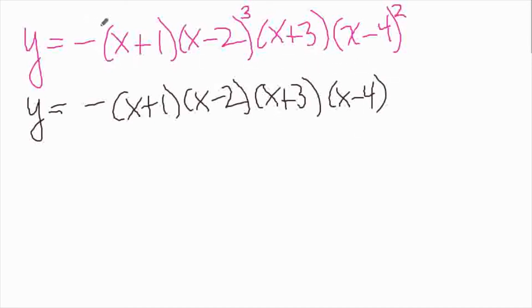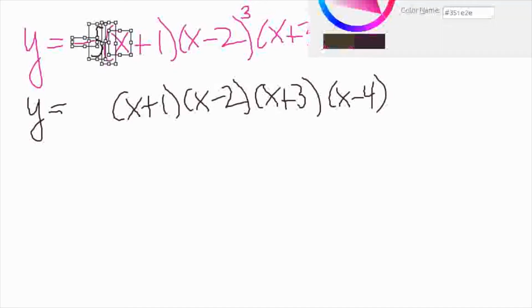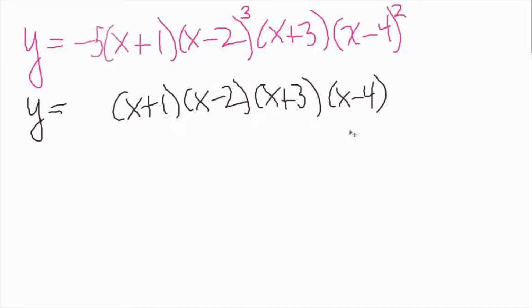Let me put a 5 right there, and let me remove the minus from here. Very good. So I'm going to do the black graph before I do the pink one. Here we go.